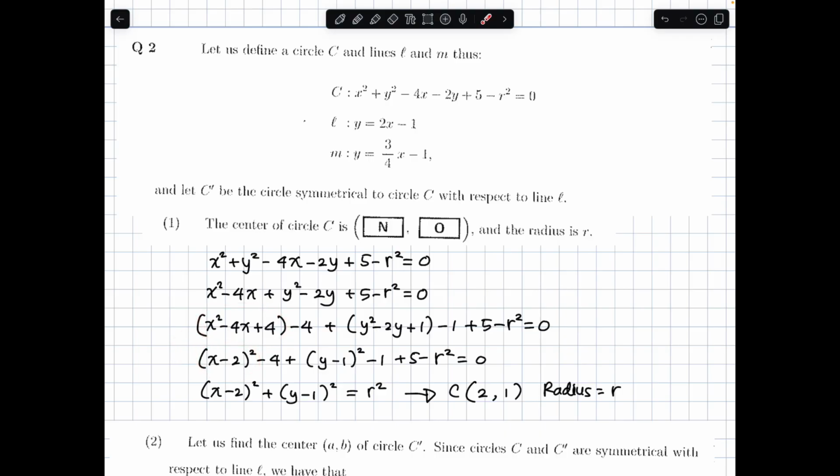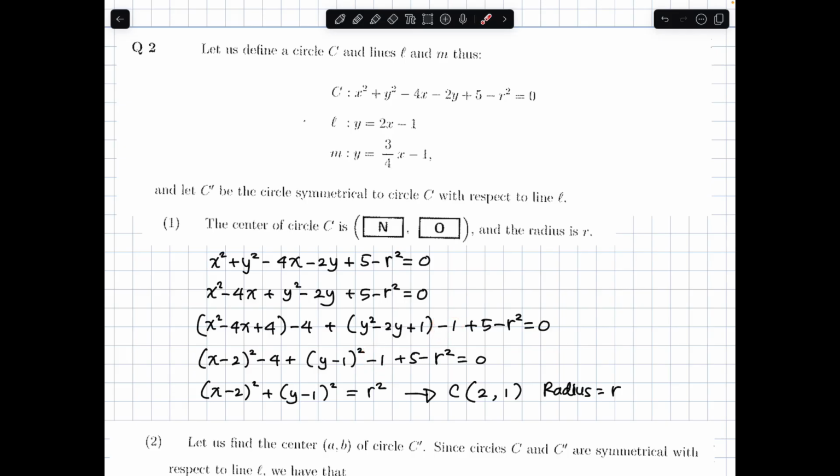So I put 4 to make this part become (x minus 2) squared, and keep the rest here. I do the same thing for y squared minus 2y: I put plus 1 here, so I put minus 1 here. This part changes into the completing square (y minus 1) squared, and I just keep the minus 1 here.